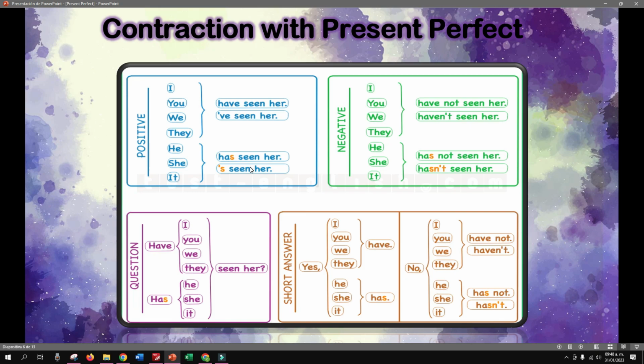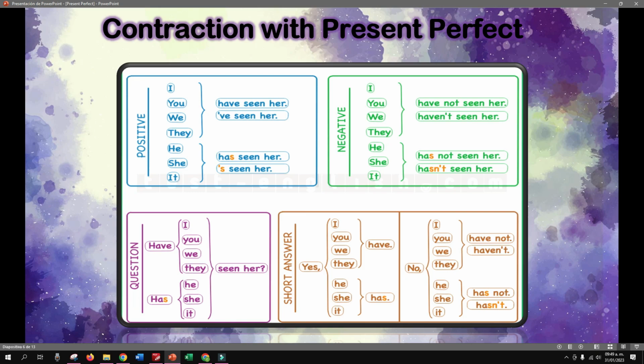For questions, you also have the contractions there. Have you seen her? Or has she seen her? And remember the short answers for them. So, yes, I have, or yes, they have. It depends on the question, right? Or the negative form, no, I have not.